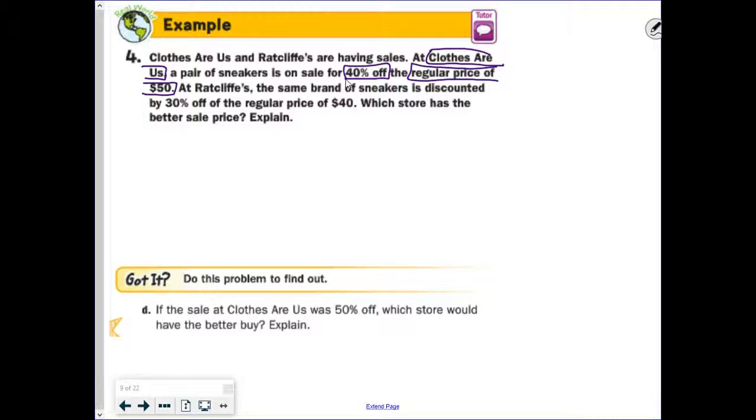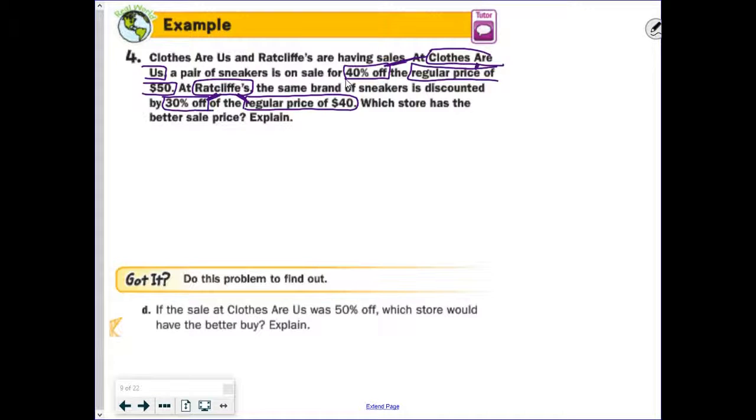And then it says at Ratcliffe's, the same brand of sneakers is discounted at 30% off the regular price of $40. So we got 2 different places. We need to make sure that we put the right information with the right stores.